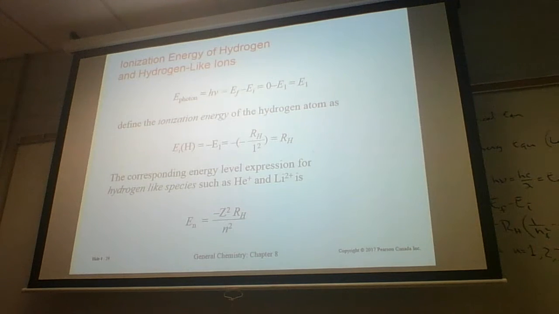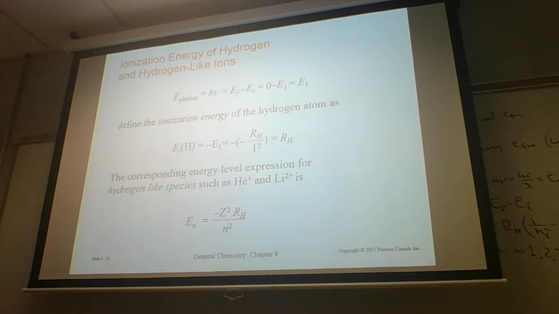The Bohr equation had to be modified. If we have a one electron species, then the energy is modified in this way. The energy is going to equal minus R sub h over n squared. But we have to modify this by putting Z in there.